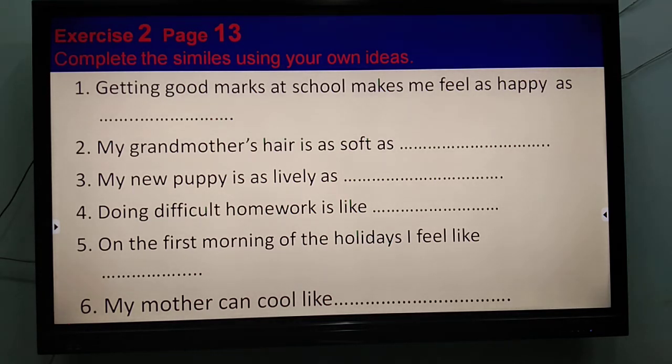On the first morning of the holidays, I feel like what? Yes, you may feel as if you are dancing, but like who? All right, think of any other situation that you can. Number 6. My mother can be as cool as, or my mother is cool like what? All right, think of this.